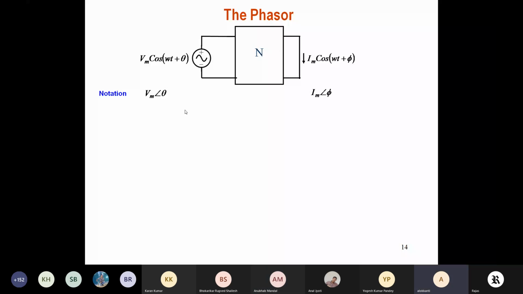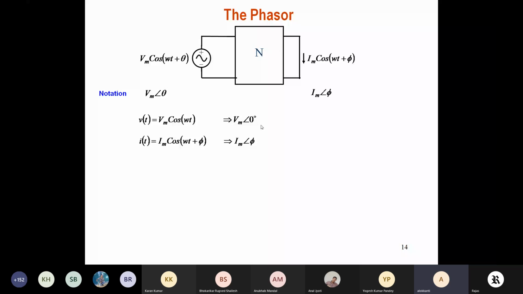We do this type of notation. So Vt equal to Vm cos omega t can be written as Vm angle 0, because there is no phase. Similarly, for an RL circuit, we got It equal to Im cos omega t plus phi, which can be written as Im angle phi. So you understand the meaning.